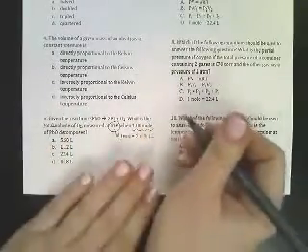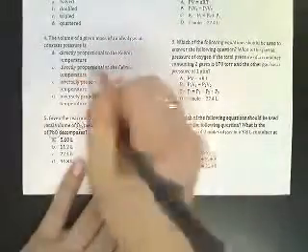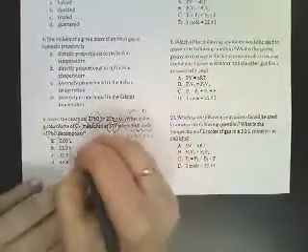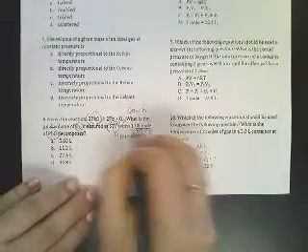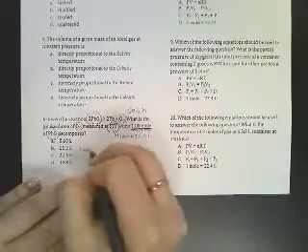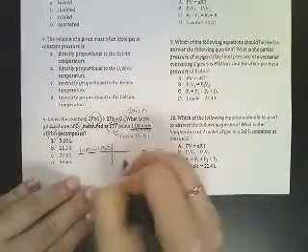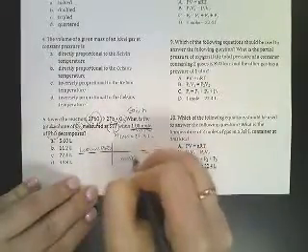Well, I see I have oxygen in PbO2. This is a stoichiometry question because I'm looking at 2 different molecules. I always start with my given. My given is 1.00 mole PbO2. I want to cancel out moles of PbO2, so that goes at the bottom.